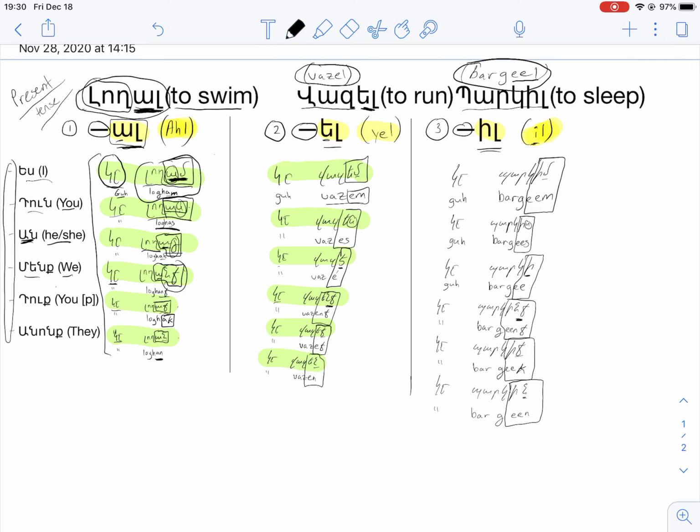All right. Yes, gebargim. Tun, gebargis. S is the ending. An, gebargi. E is the ending. For we, it's menk, gebargink. Ink is the ending. And then for you plural, it's tuk, gebargik.